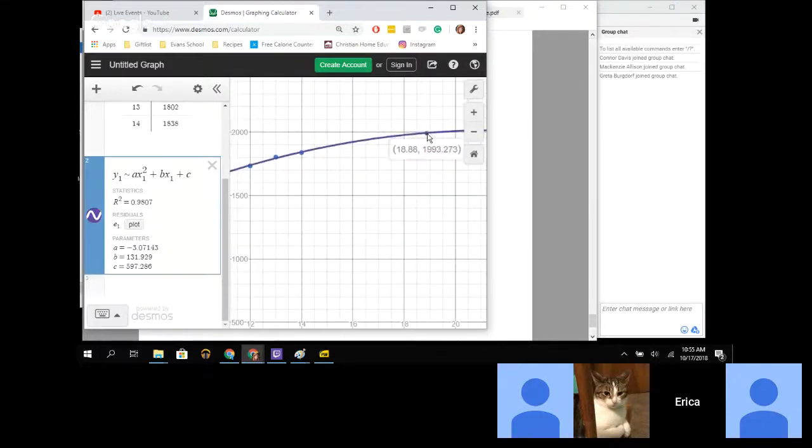So if I look, it looks like around when t equals 19. So now we got to kind of reverse and figure out what that would be. So that's about 2009, if you keep up their chart.